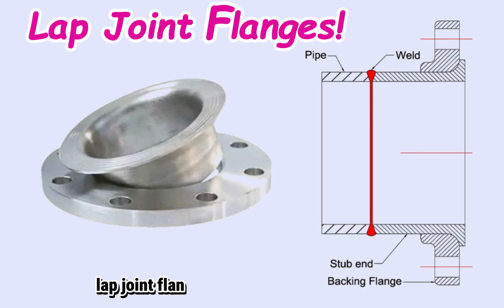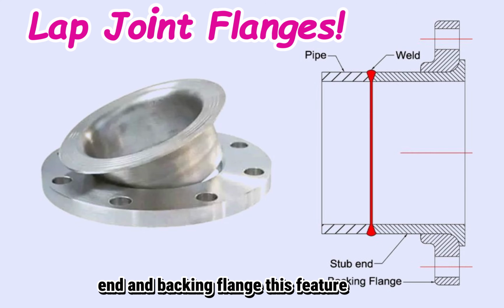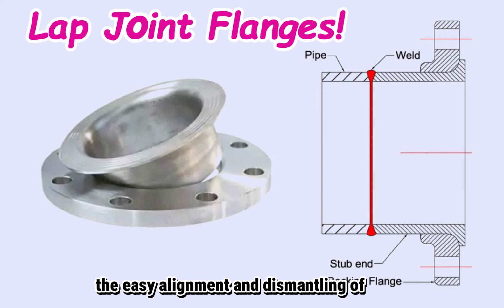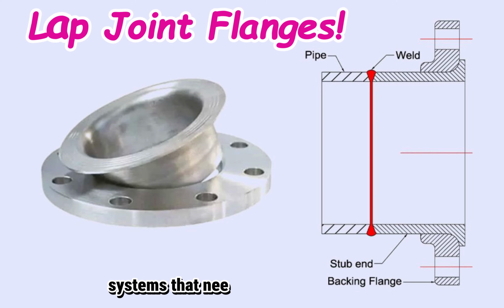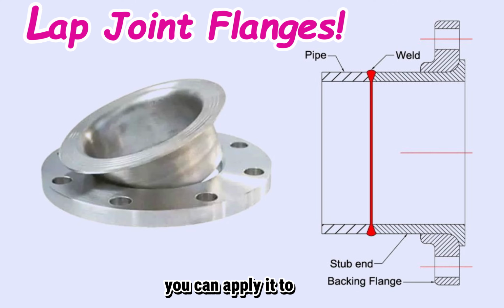Lap joint flanges. Among all pipe flange types, it is considered the most unique because of the stub end and backing flange. This feature enables easy alignment and dismantling of joints made with a lap joint flange. It is preferably used in systems that need frequent maintenance. You can apply it in larger or hard-to-adjust areas. The components of the lap joint flange are made with carbon steel and hence proven to be cost-effective.